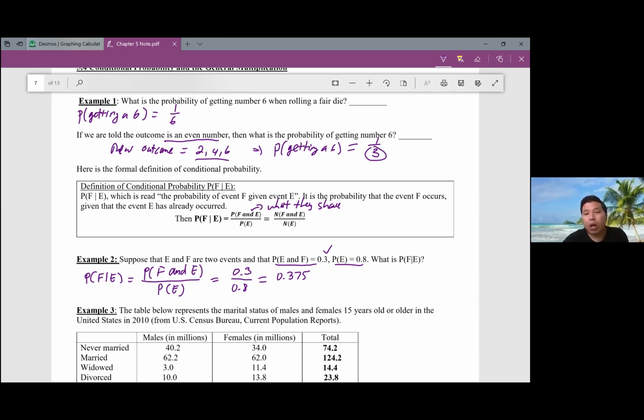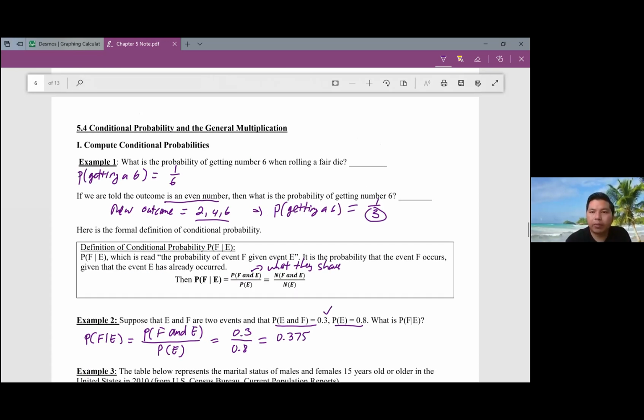Okay, so that's how we use the formulas. So I'm going to use that formula and then go back to example 1 to see if we get the same answer, all right? So remember what is given. Now we want to find the probability of getting 6, given that it's an even number.